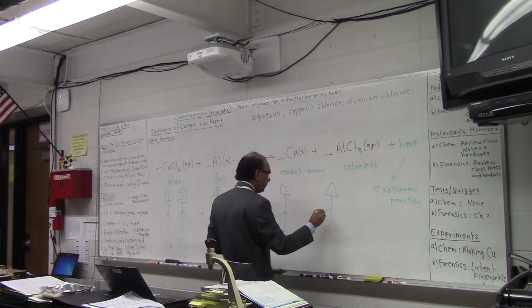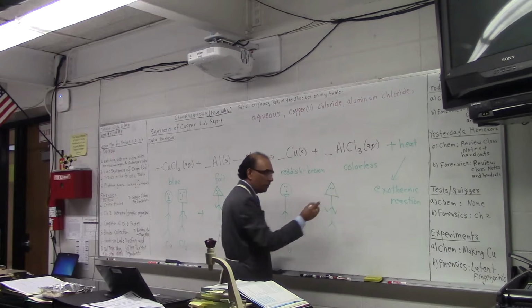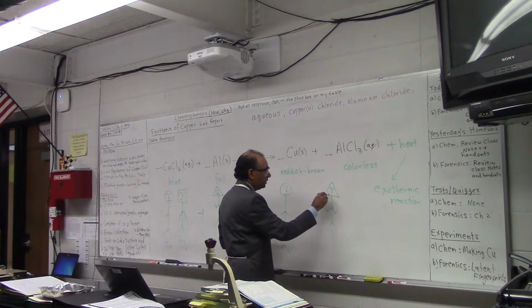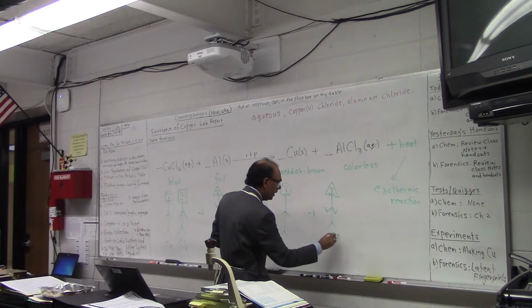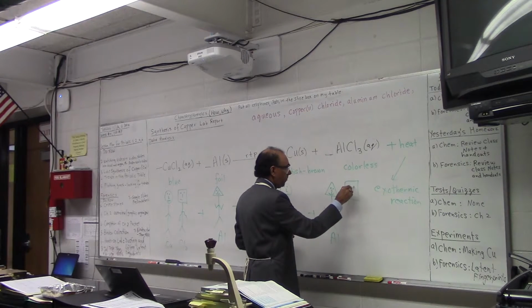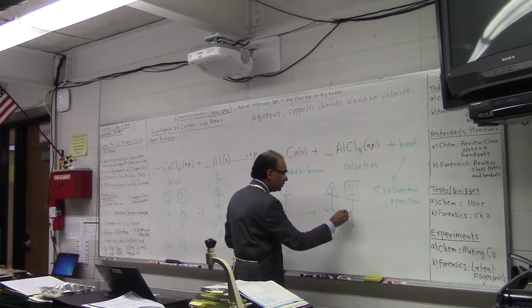And the students can have a lot of fun doing this. You can give them a large sheet of paper, and they can actually figure this out for you. Or they can do it in a lab report. All right, and that's your aluminum, and your chloride will be this character. And that's your chloride.